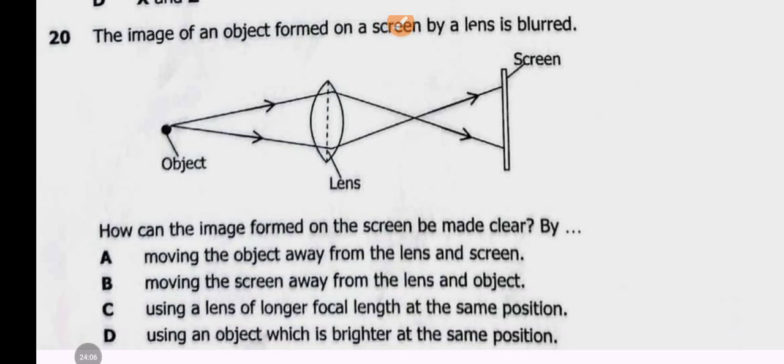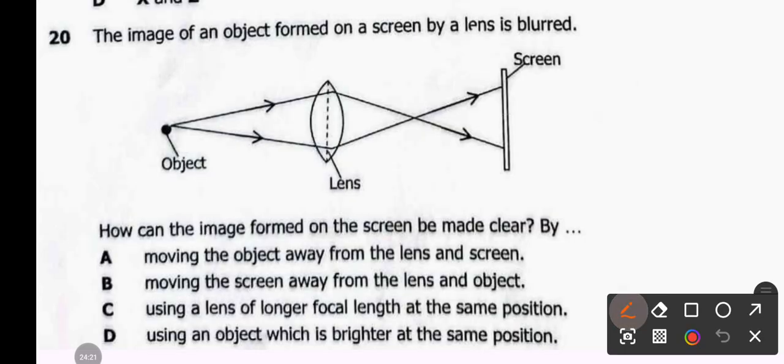Question 20. The image of an object formed on a screen by a lens is blurred. How can the image formed on the screen be made clear? Right. So it's a very challenging question to explain, but I'll try.